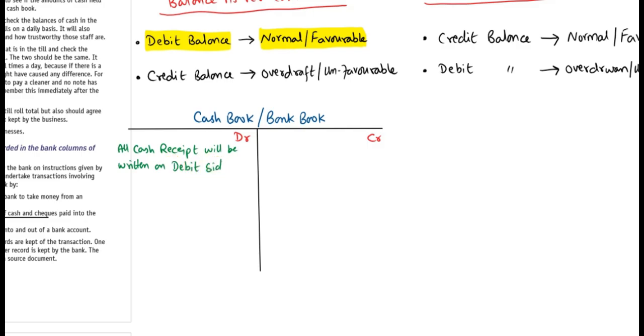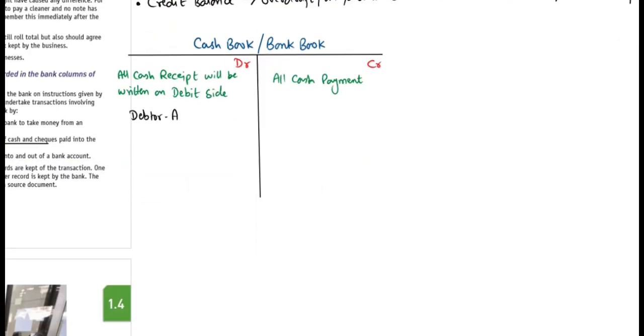And all cash payments only will be written on the credit side. For example, we received cash from debtor A, a trade receivable. From B, we received interest income.